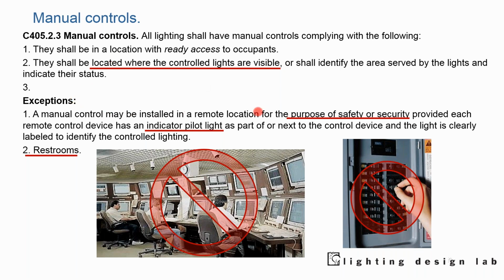Exceptions are spaces with purpose of safety and security, which provide a remote control device. It needs to have an indicator light, and also they're excepted in restrooms. You can't have manual control in restroom areas.